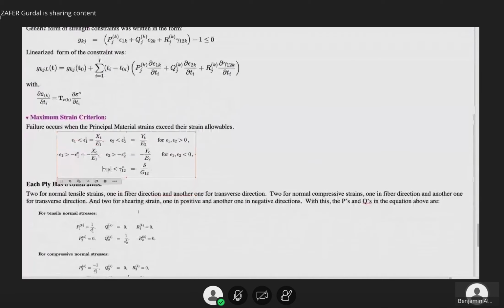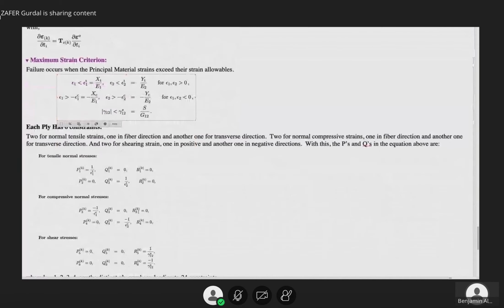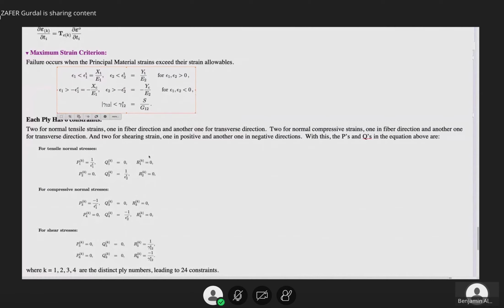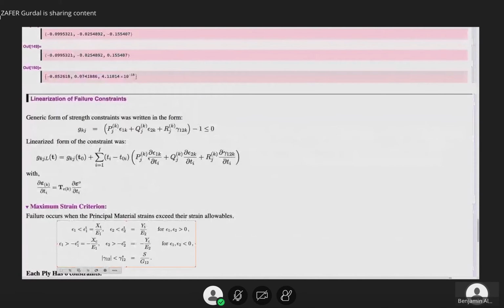Now I'm going to do the implementation. I'm going to use 6 constraints per ply. So for every ply, super K is the ply number. So in the linearization, this super K for each ply, so the G1 super 1 is going to be associated with P, Q, R super 1, and that will be ply 1.